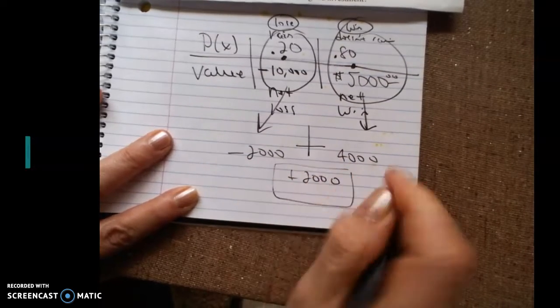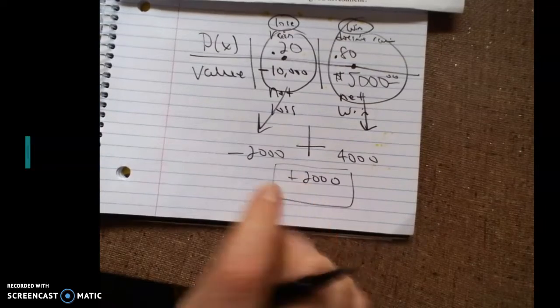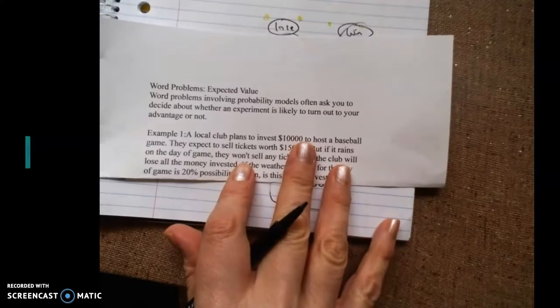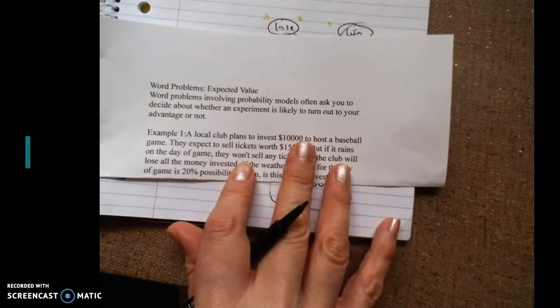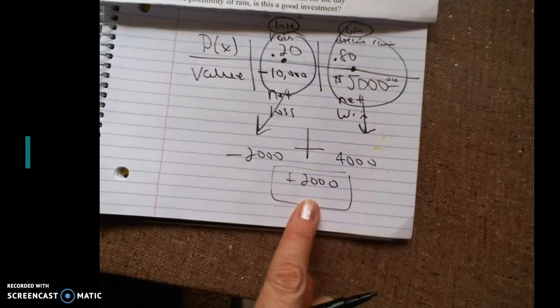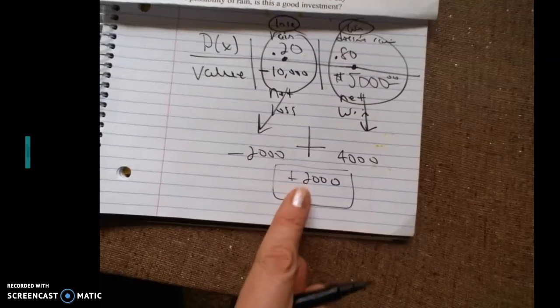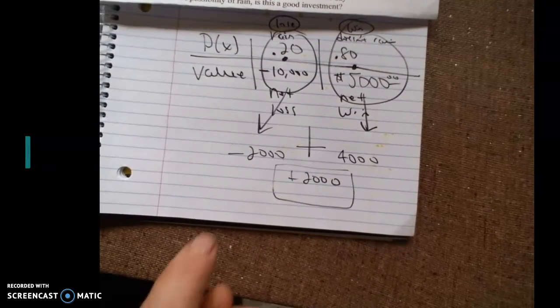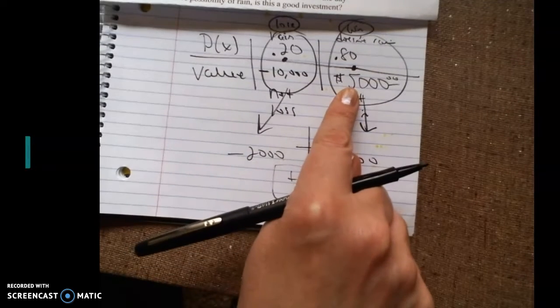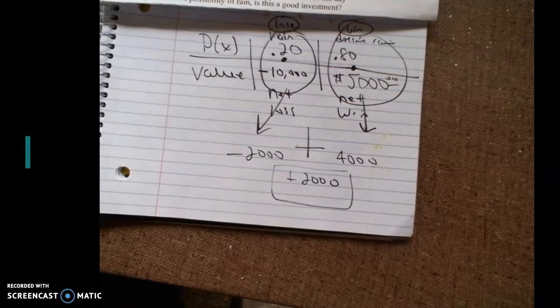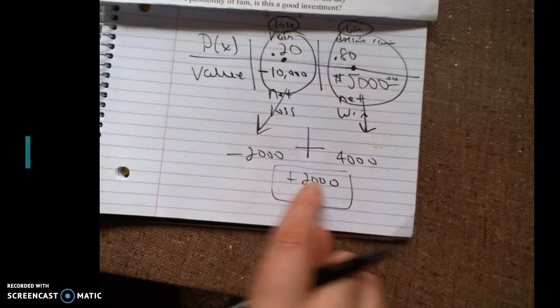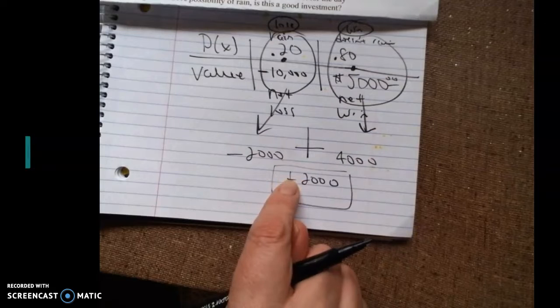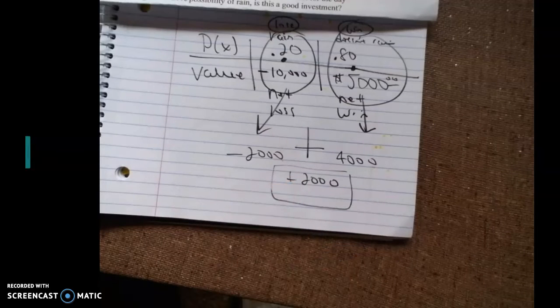So that is the expected value, meaning on average, if they host this kind of baseball game all the time, on average, they are going to make $2,000, which I don't know if it's worth it. I'd like a little higher here for all the work, right? Only gaining $5,000 on $10,000 of expenses, yeah, I don't know. This doesn't seem like a very good expected value if it's supposed to be a big fundraiser. So I'm not keen on that one.